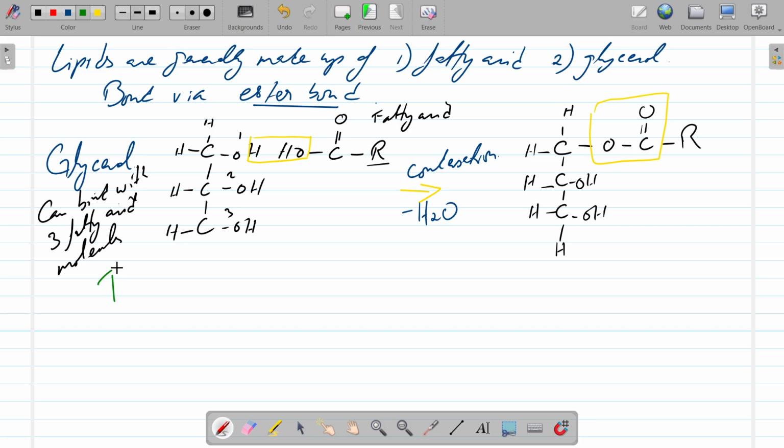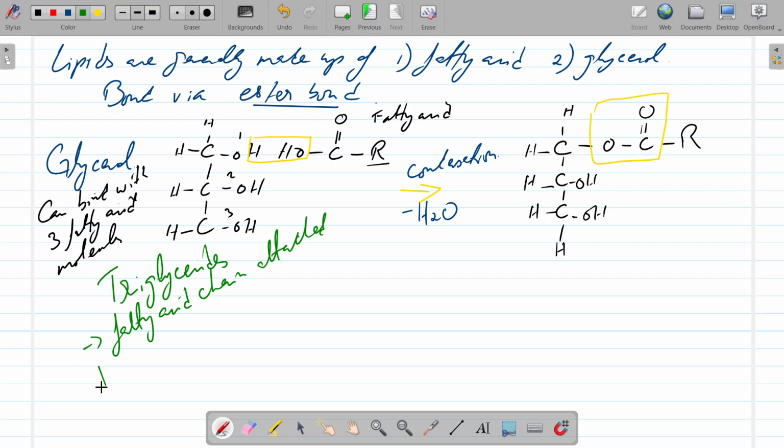And what we have in our body are triglycerides. Triglycerides basically means that you've got a fatty acid chain attached to each carbon of glycerol.